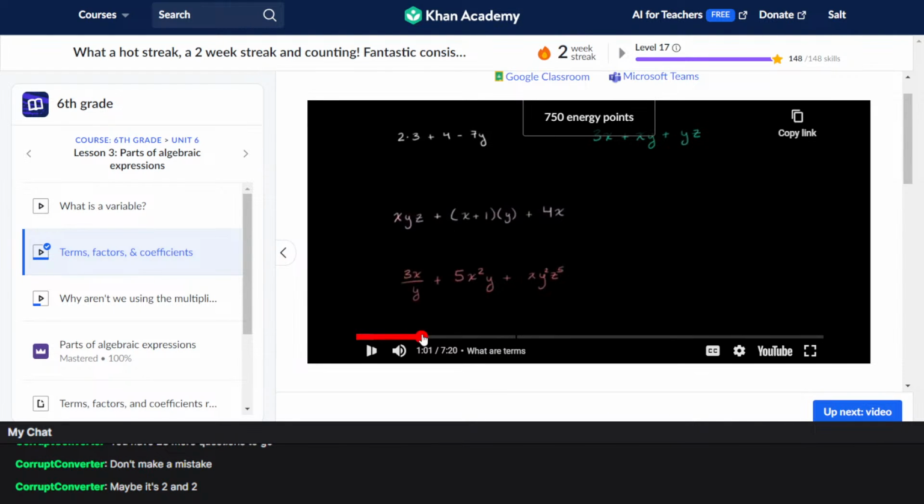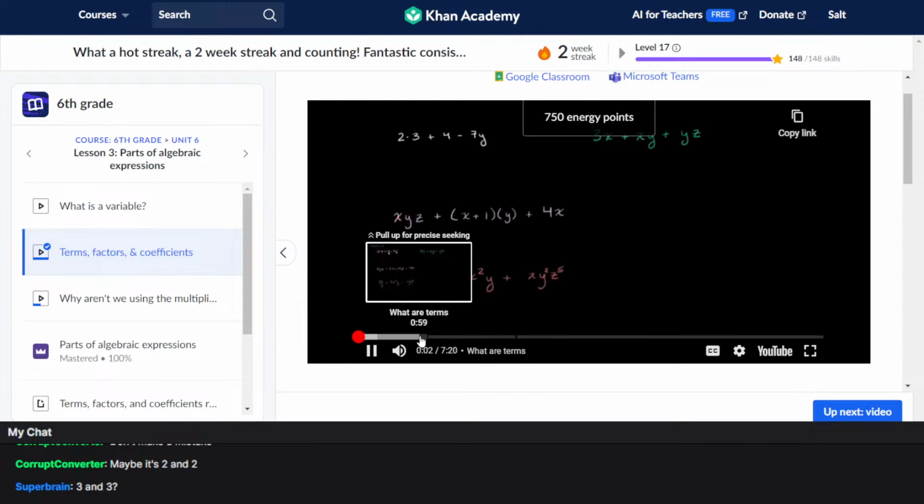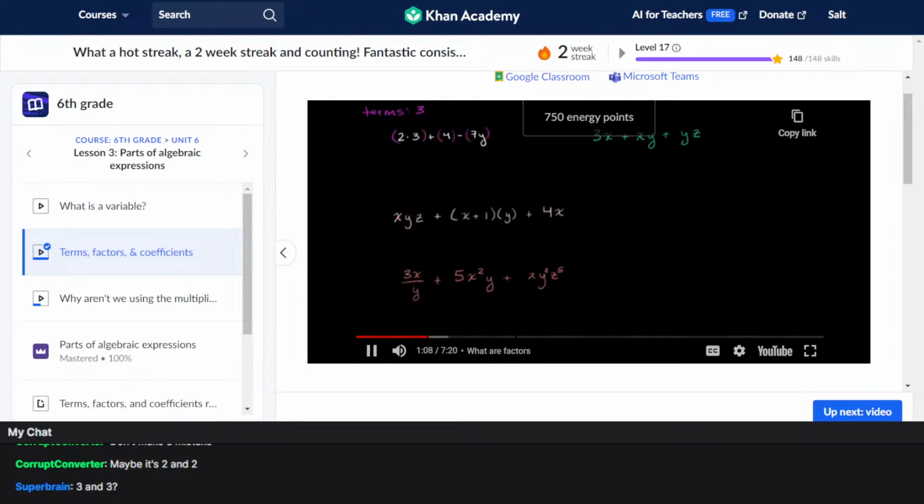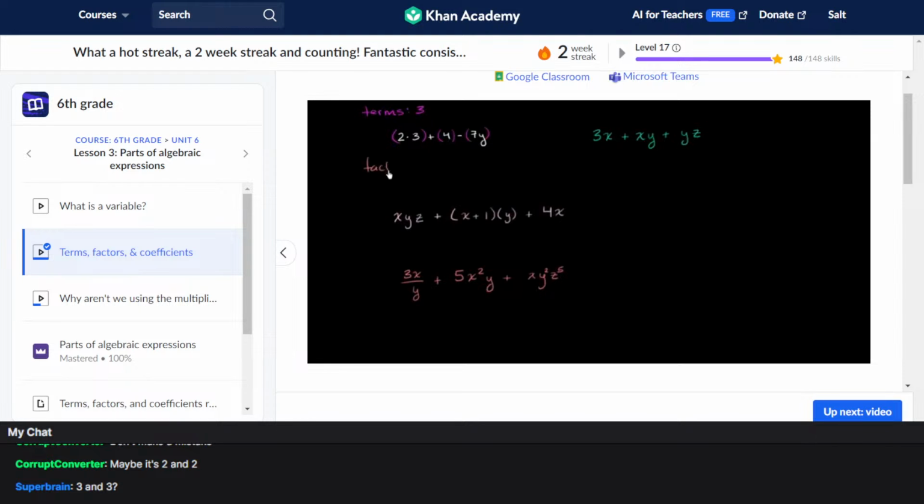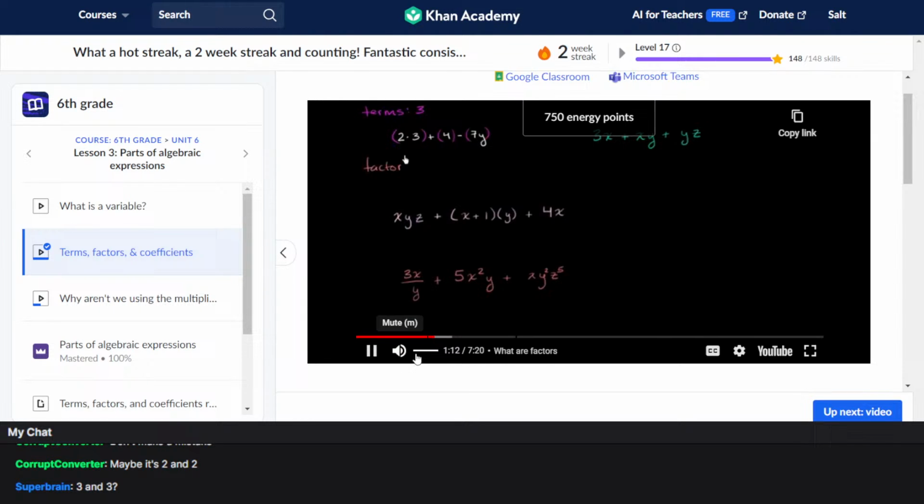Over here, what are factors? The first term is the number 3. The second term is just the number 4. Oh, wait. Term is a different meaning than factor. I thought term and factor meant the same thing. That's the problem. When people are talking about a factor, especially in terms of an expression, they're talking about the things that are getting multiplied in each term.